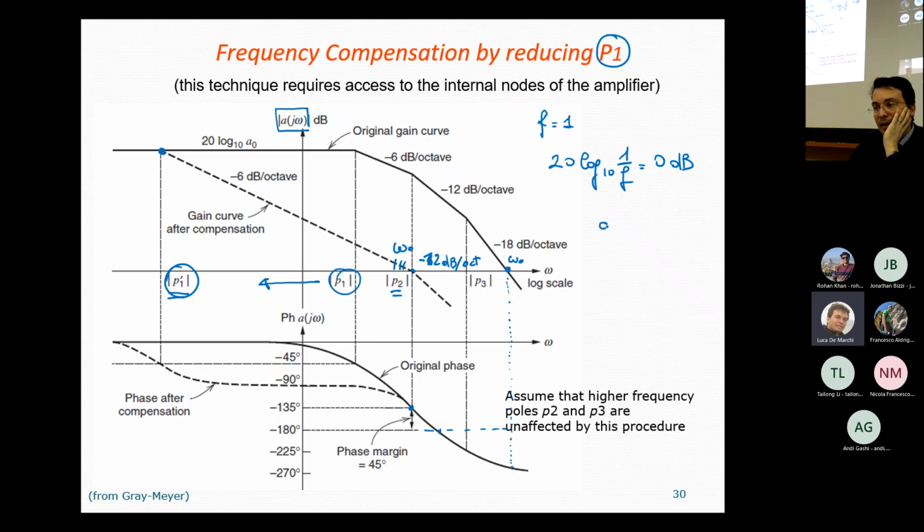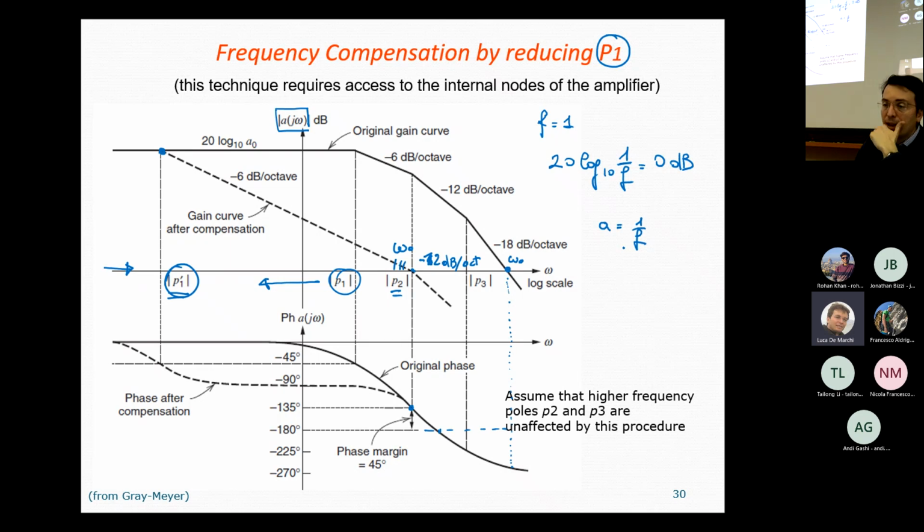Again, stability means that A is basically equal to 1 over f. A is this curve here, either the solid one or the dashed one after compensation. 1 over f is this horizontal axis here, because it does not depend on frequency.